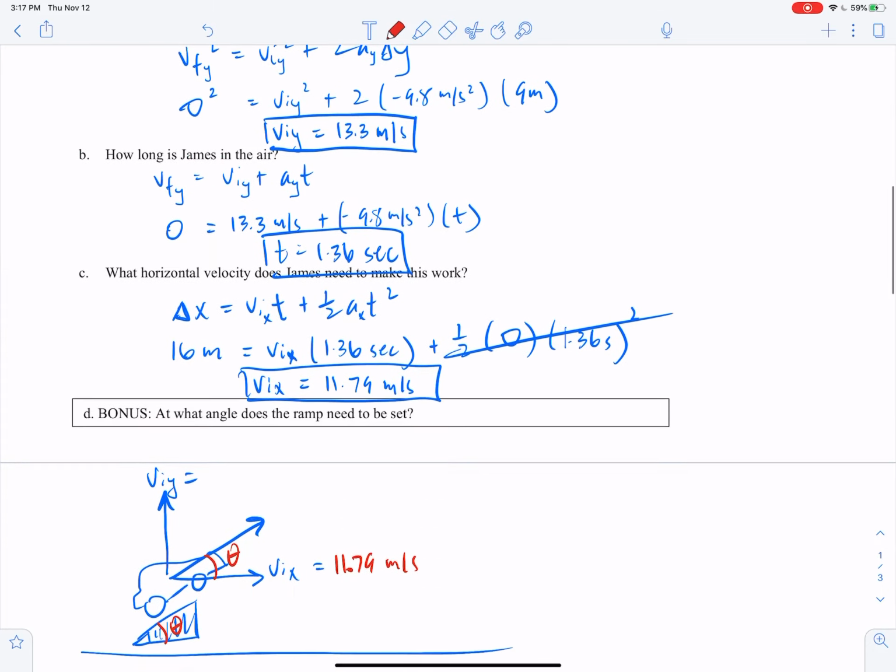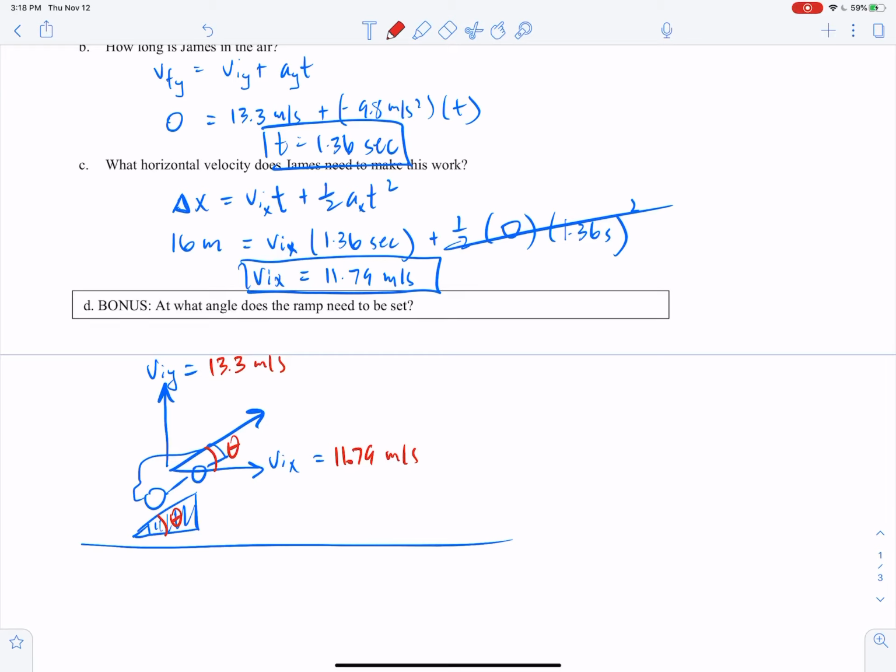So we can set up a simple triangle, right? And here's our triangle. At this angle, theta, one leg of the triangle is going to be 13.3 meters per second. The other leg of the triangle is going to be 11.79 meters per second.